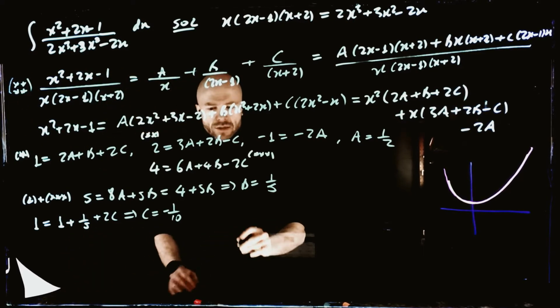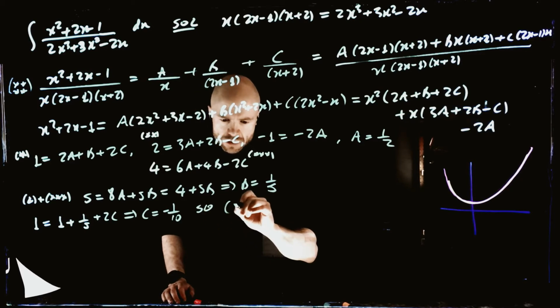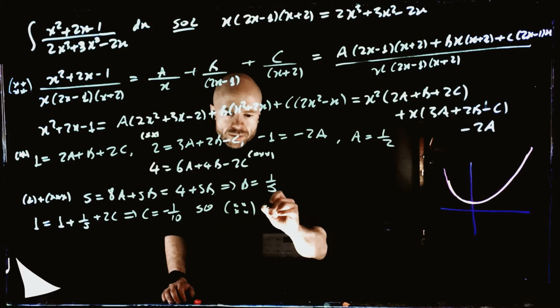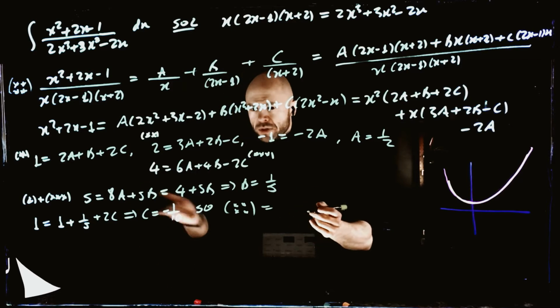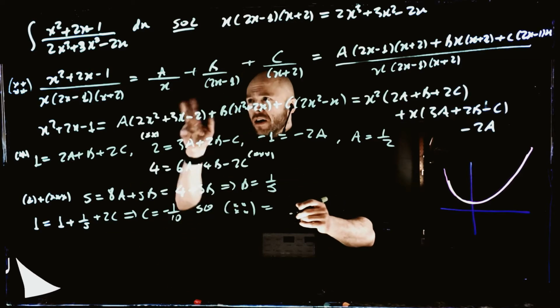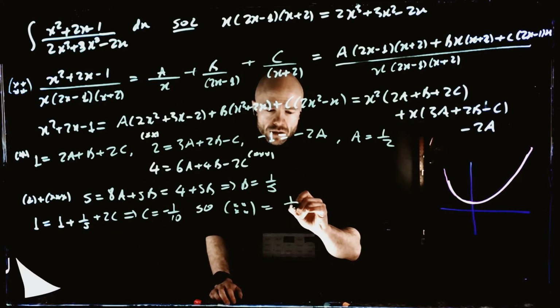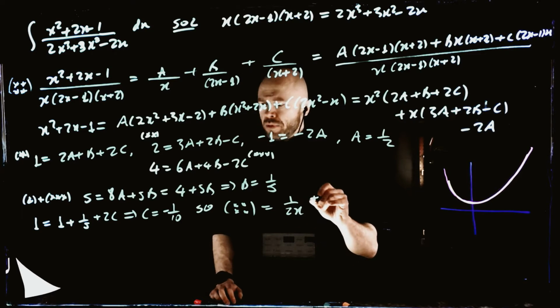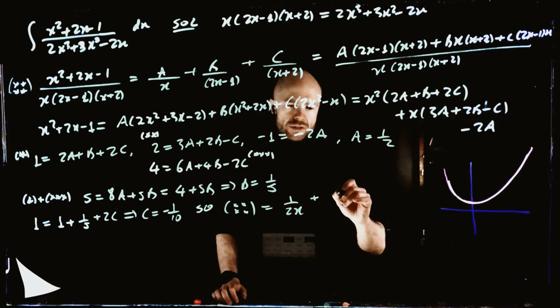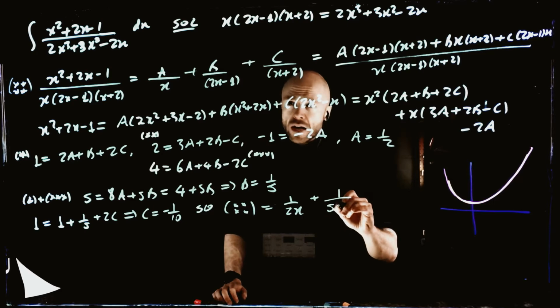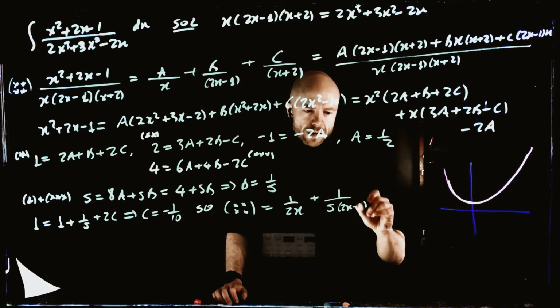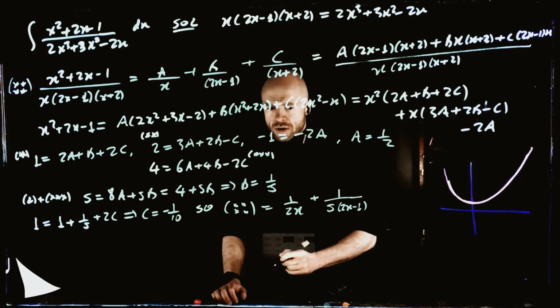Okay, so then star, star, star, star is now equal to, we just put in the coefficients. So a was a half, right? So we have 1 over 2x, and then b was a fifth, right? So we have 1 over 5 times 2x minus 1. And then c was minus a tenth.